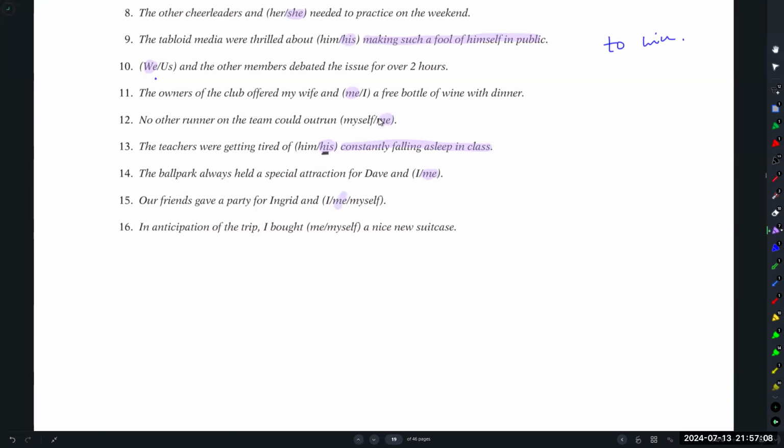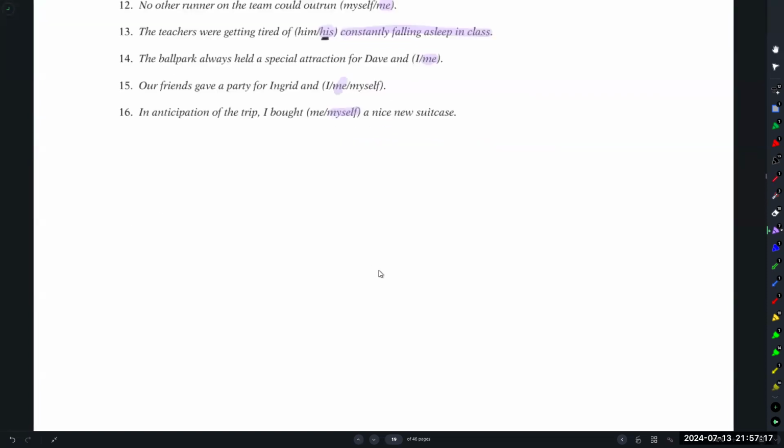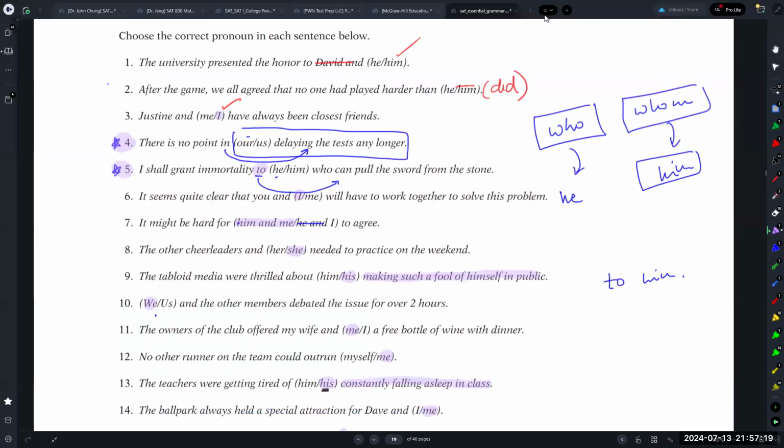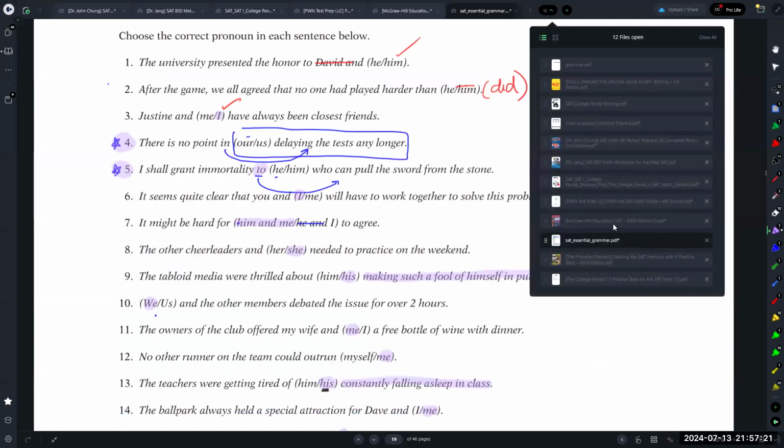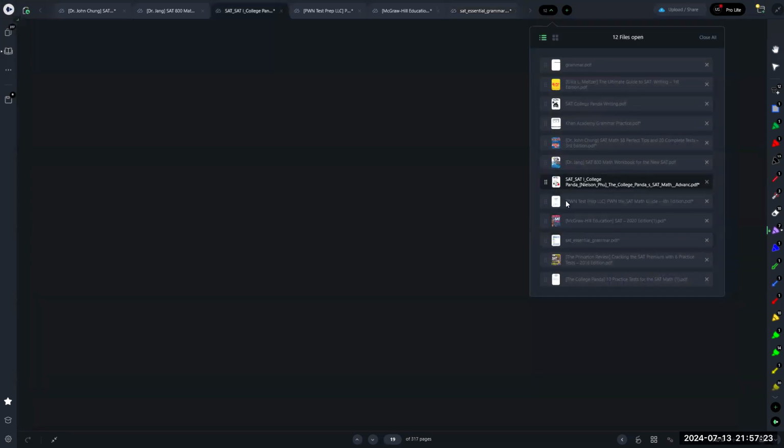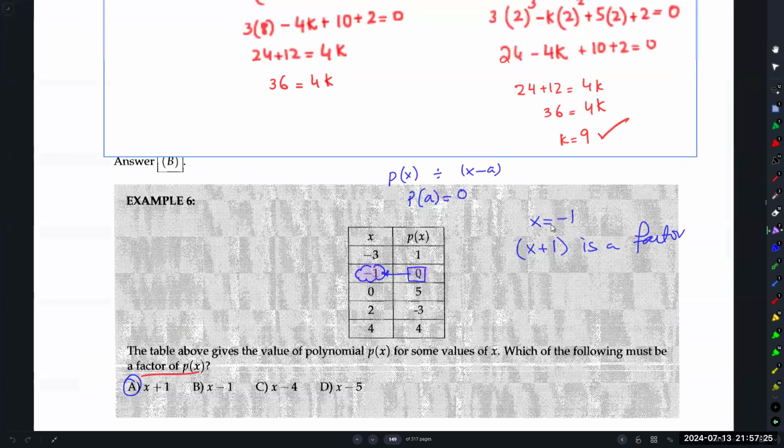Good. In anticipation of the trip, I bought myself a little something. Okay, that's done. All right, good job, good learning experience.